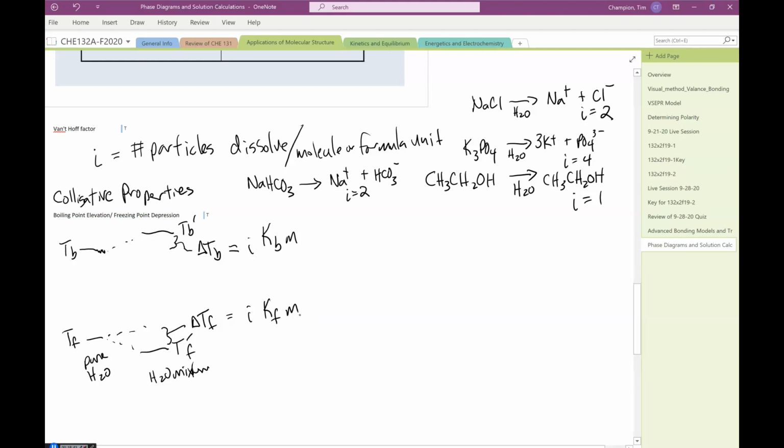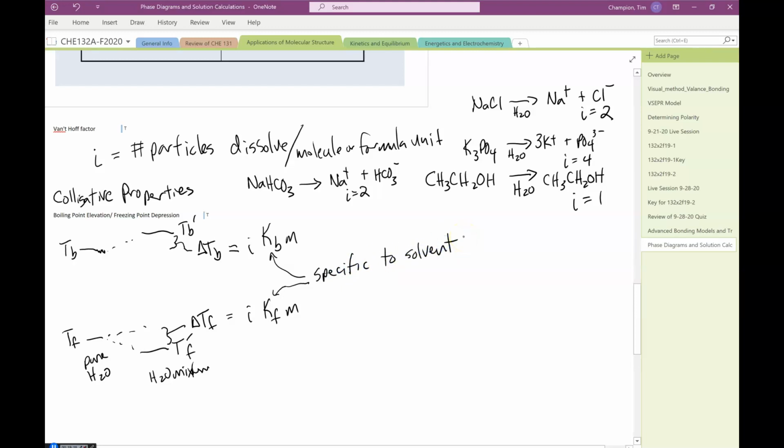So it's a very similar formula, but you got to remember that when we're looking at freezing points, you subtract delta T sub F from the normal freezing point, the pure freezing point, and when we're talking about boiling points, we add delta T sub B to T sub B, the boiling point goes up. Now, these Kb and Kf terms here are specific to the solvent.